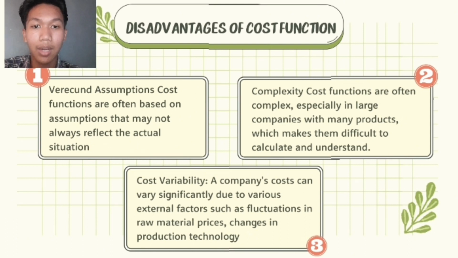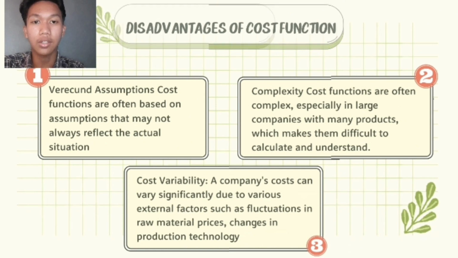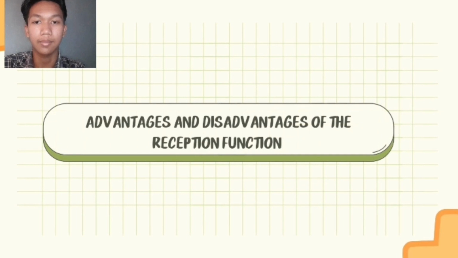And cost variability: a company's costs can vary significantly due to various external factors such as fluctuations in raw material prices and changes in production technology.